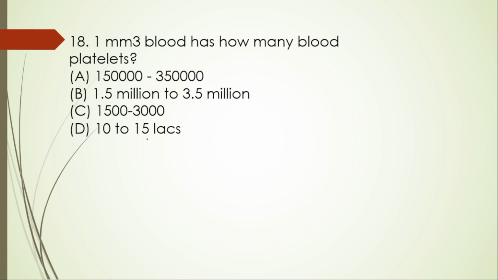So here the right option is option A itself. On average, in a normal adult human, the typical range is between 1,50,000 to 4,50,000. So option A is right.